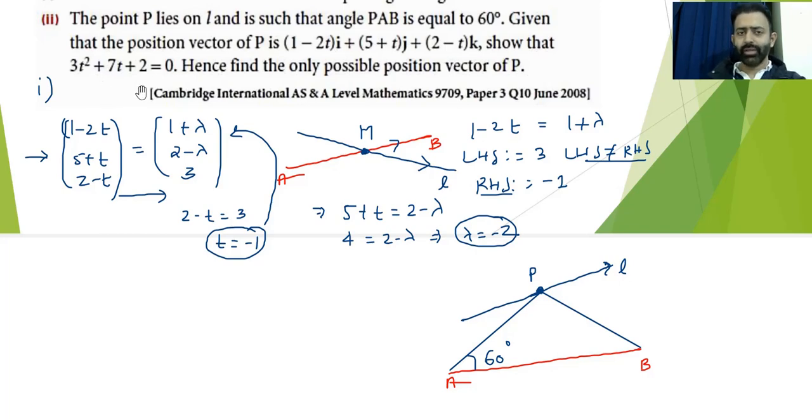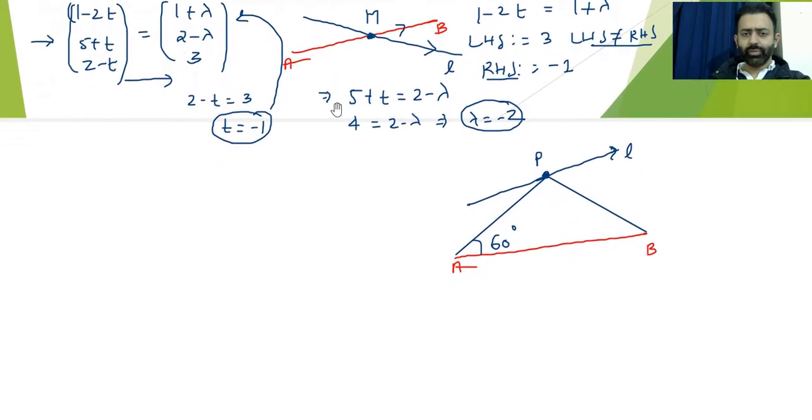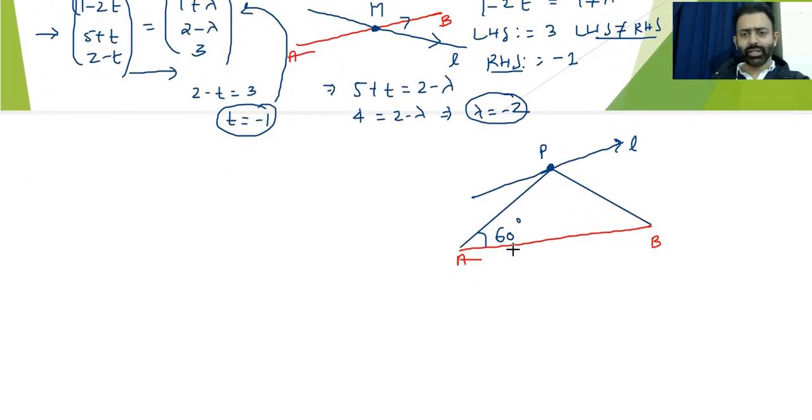And then we have to find the only possible position vector of P. For this, the condition is that the angle between PA and AB is 60 degrees, right? So first find out the position vector PA, which is OA minus OP.